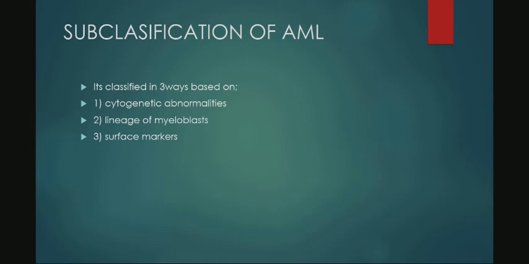Okay, the other aspect that will be used to subclassify AML is the lineage of the myeloblasts that are involved. This is common, and in most literature you find this being talked about frequently. This will take us back to that hematopoiesis overview that we had in the beginning.